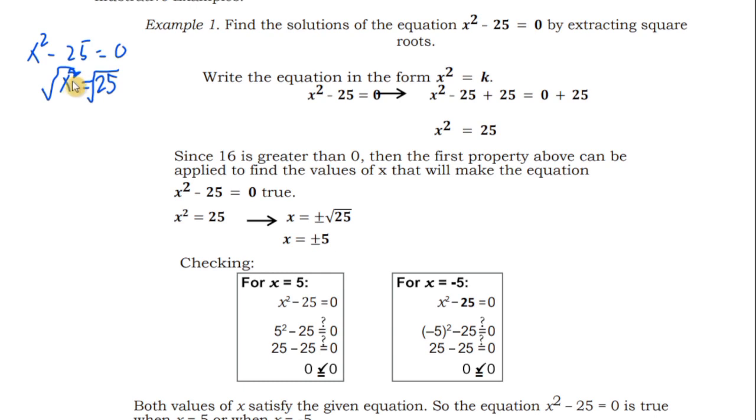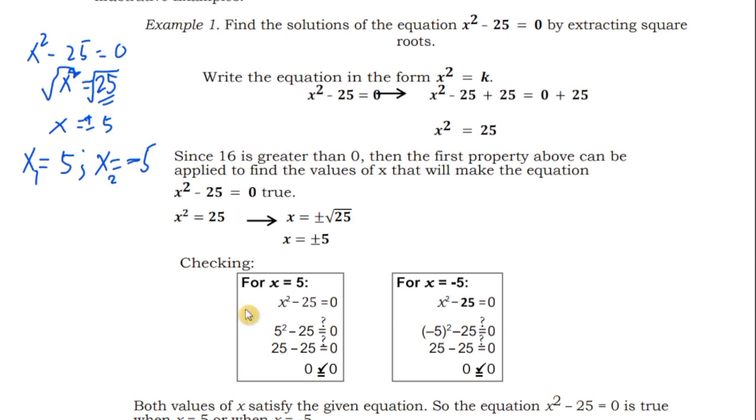So x is plus or minus 5. The first x is 5, while the other x is negative 5.